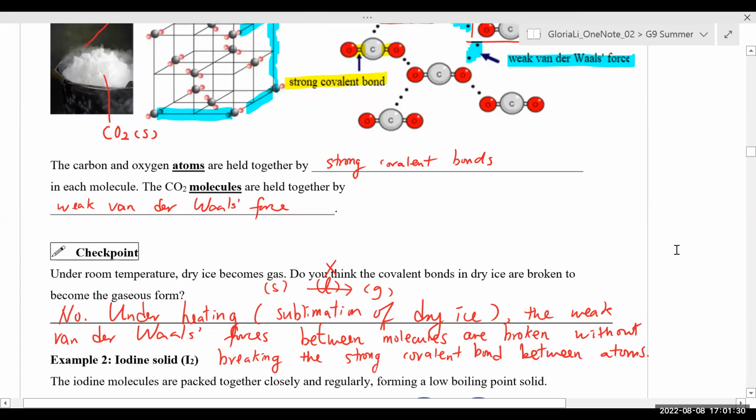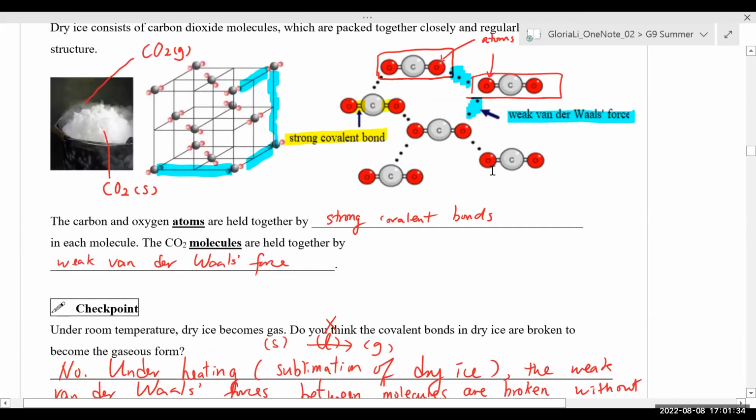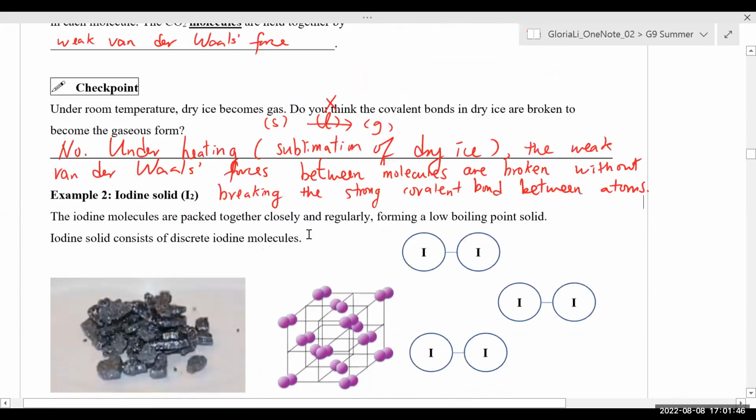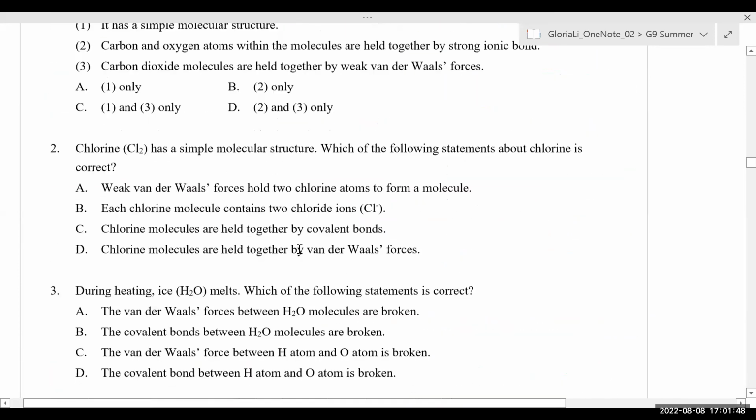So remember, for molecules, when we heat up, you will break the weak force only. Once the molecules separate, they will change from solid to liquid and then to gas. To better understand the whole idea, I'm going to use H2O as an example.